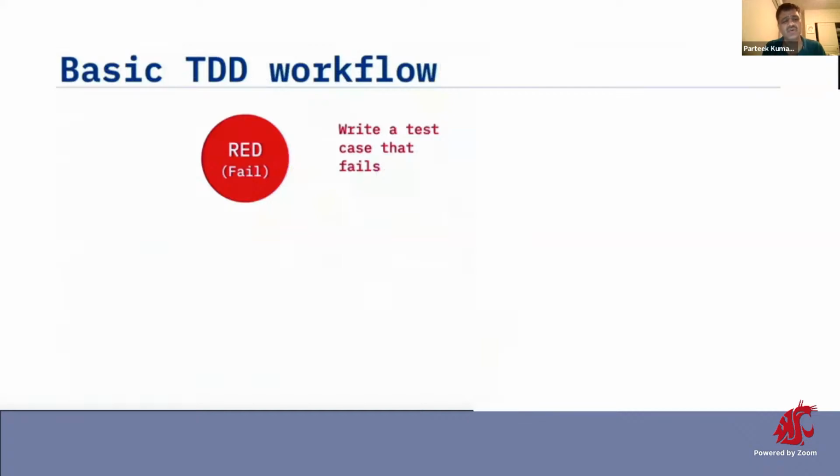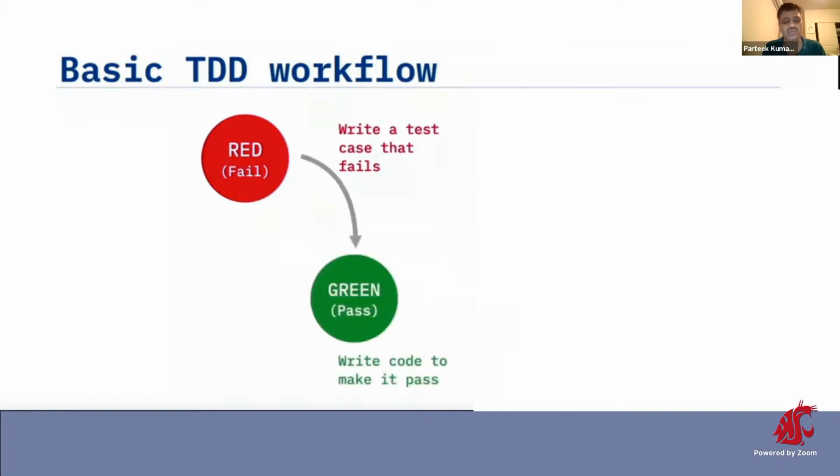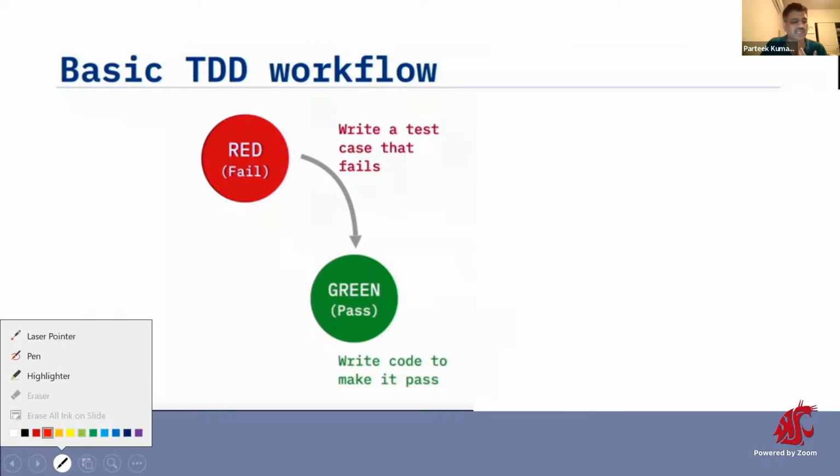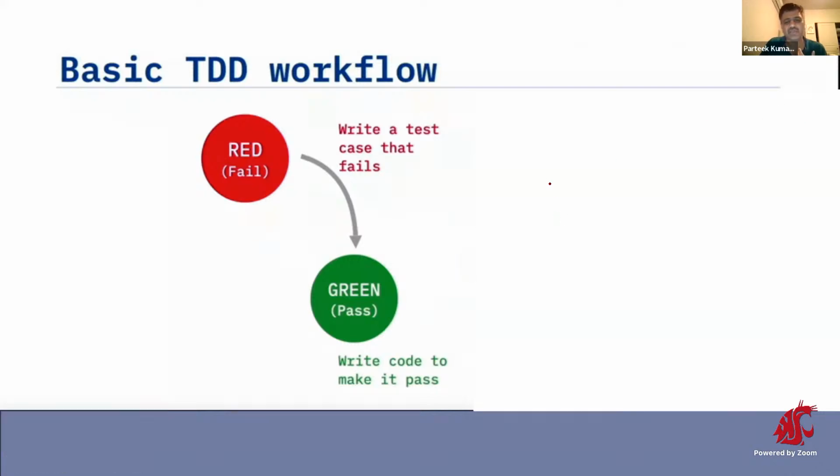So this is the whole workflow in case of a test-driven design. In the first step, we write the test case. Since there is no code in the beginning, of course the test will fail. Then we write the code to make that test pass. For example, consider a simple example, a function for addition of two numbers. Let me write that example for you. You can consider it like this: C is equal to add(3, 2).